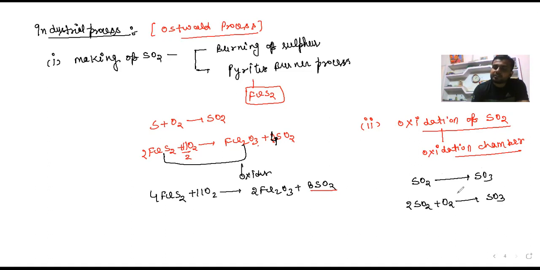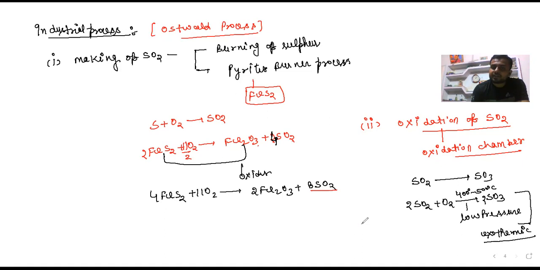Actually, in this process, about 400 to 500 degrees Celsius temperature is required and low pressure is required. And this reaction is, beta, actually an exothermic reaction.